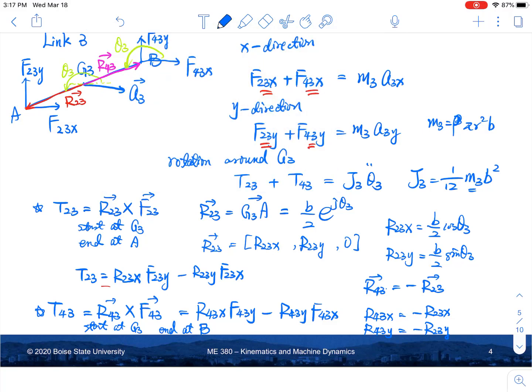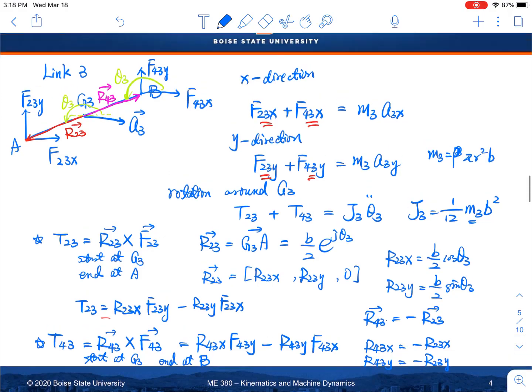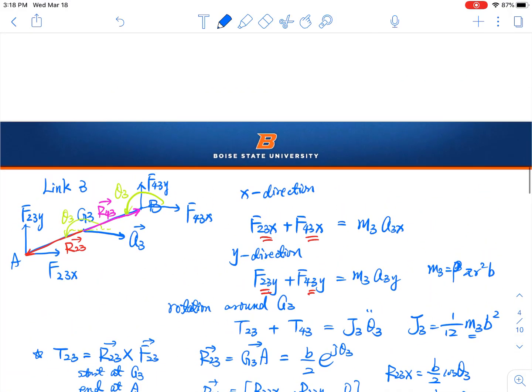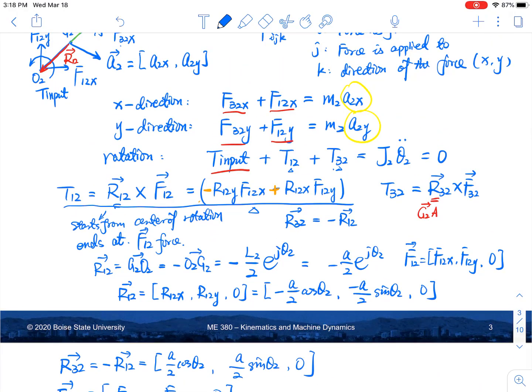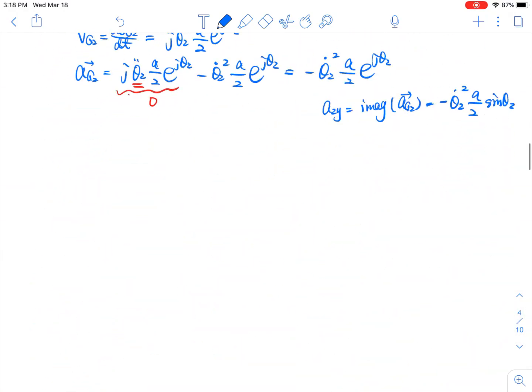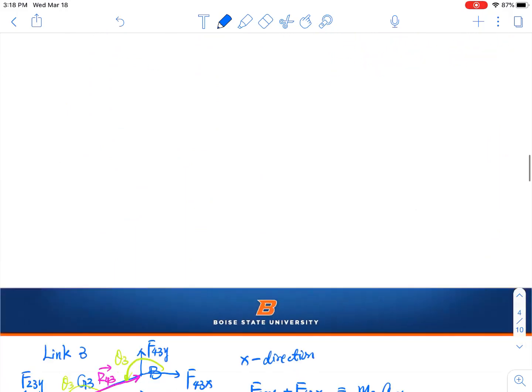The total mass, the acceleration, angular acceleration, and moment of inertia can all be calculated from the acceleration analysis. Okay, let's count. 1, 2, 3, 4, 5, 6, 7, 8, 9. We have 9 unknowns and 6 equations. Still, we need to find more equations.